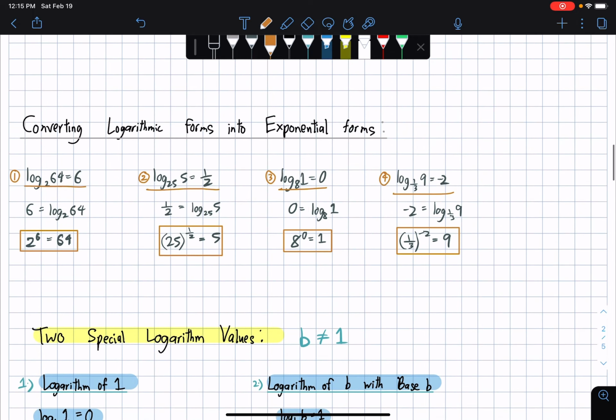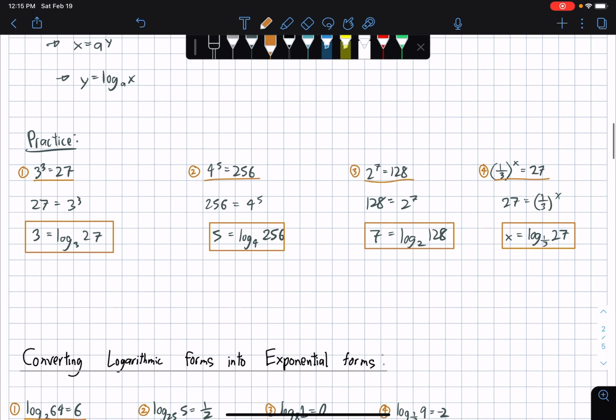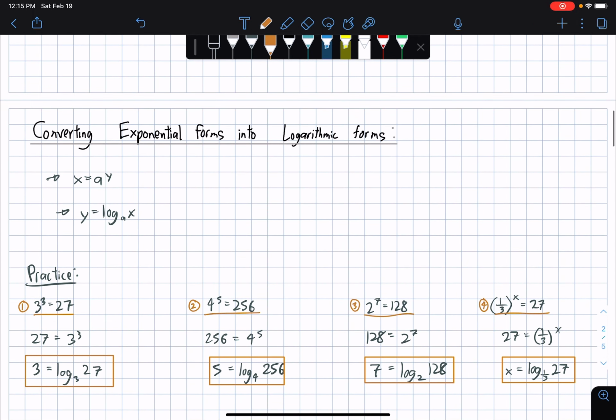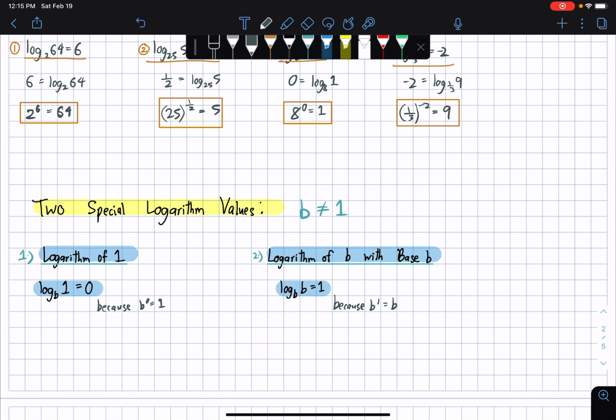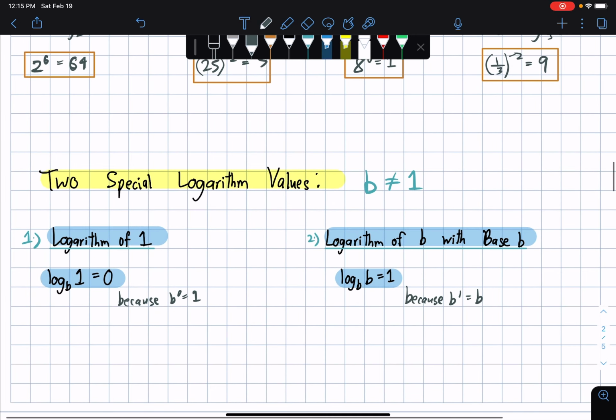Alright. We're done with converting logarithmic to exponential and exponential to logarithmic. Let's move on to recognizing the two special logarithm values, such that on these two special logarithm values, we have to understand that the base b is not equal to 1. It shouldn't be equal to 1.